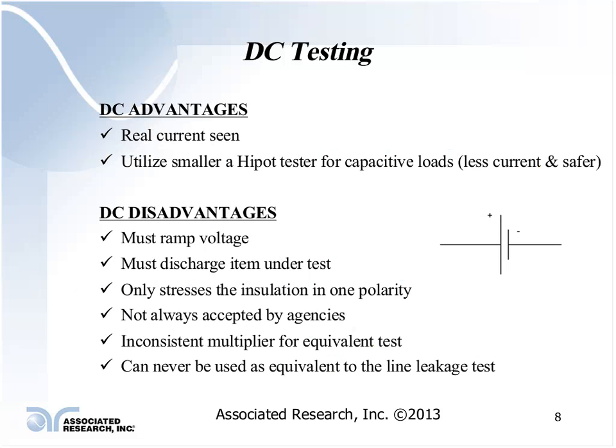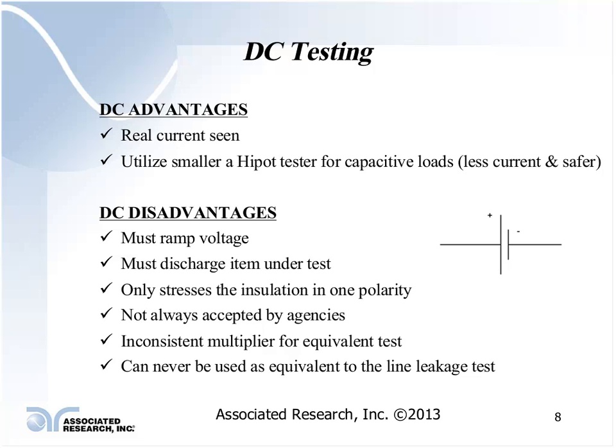DC has some advantages. One is that you are observing the current that is due to the resistive element, so you are seeing what the real current is that is a direct result of the insulation resistance of the product. The size of the tester can be smaller when you're doing DC testing, because if you ramp up the voltage slowly, it doesn't need a huge transformer or a large current capacity.